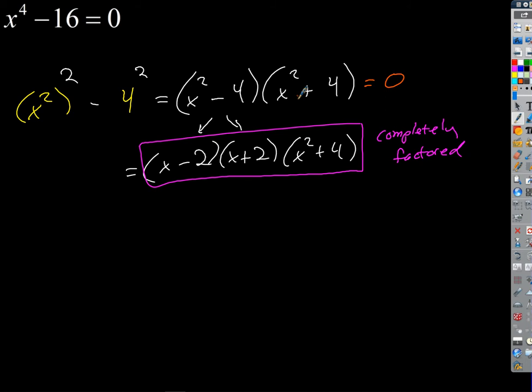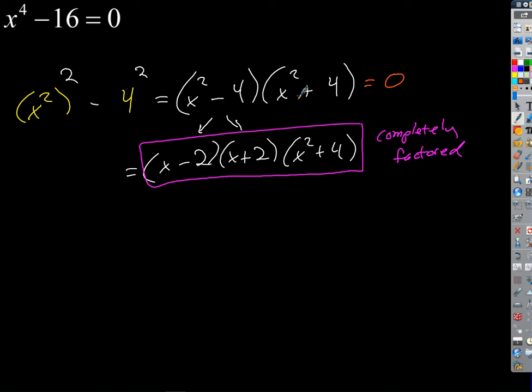Later on, not probably today, I'm going to challenge you with some harder ones, where we might start off with a really big polynomial, and when we break it down into quadratic factors, maybe one of those quadratics is a trinomial that's easiest to solve by factoring. Then maybe you want to keep factoring.